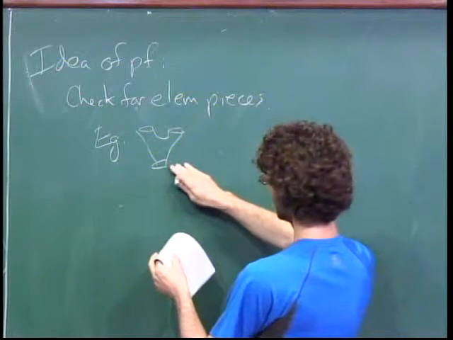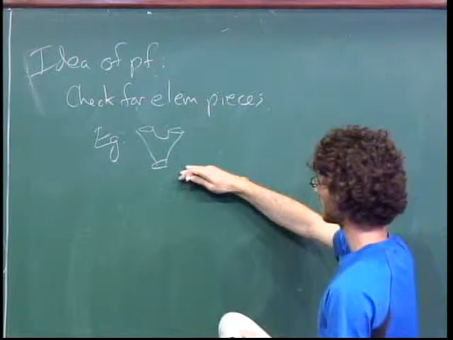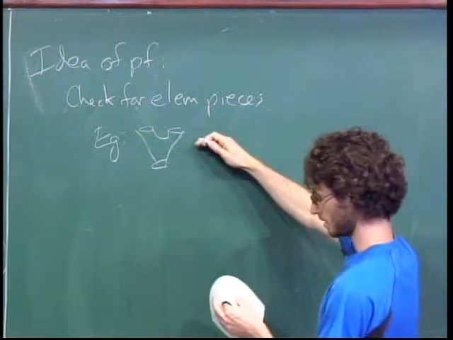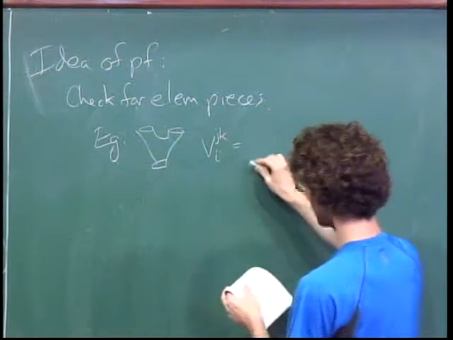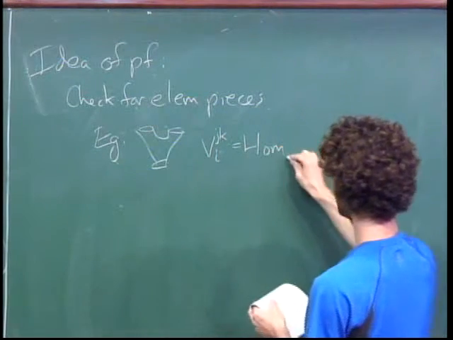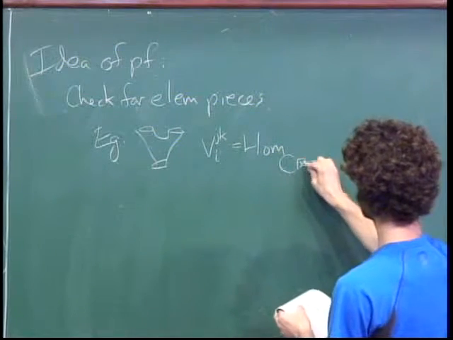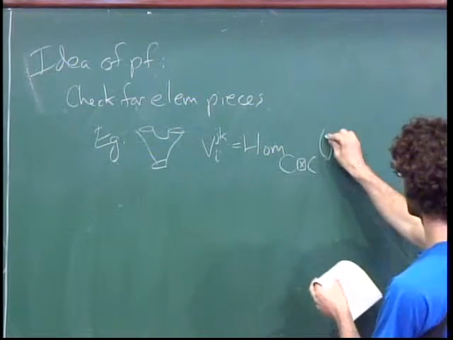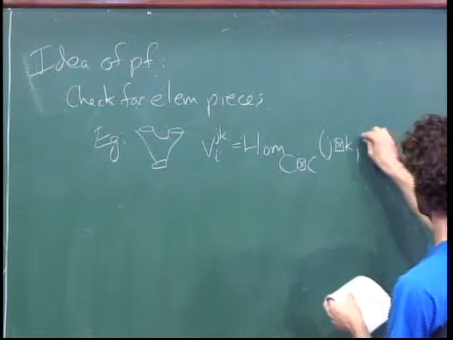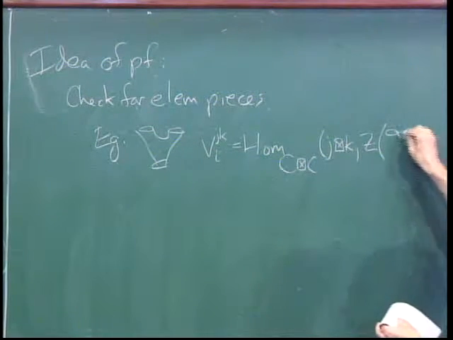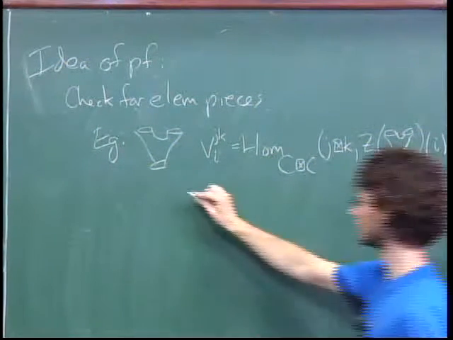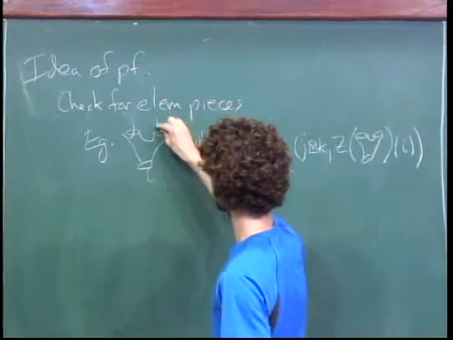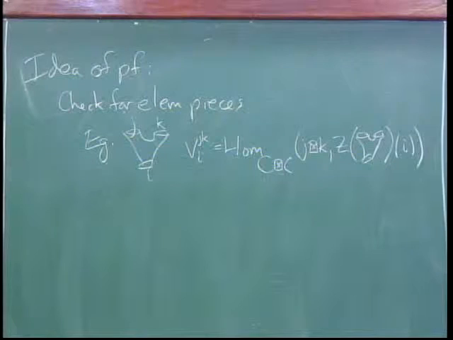Anyway, this copants operation is encoded by these vector spaces, which I'll denote I, J, K, which is defined to be HOM in C tensor C on the top from J tensor K into Z of the copants applied to I. So I'm sticking I down here and J and K up here. And I need to convince you that this is the same as the set of internal string diagrams.